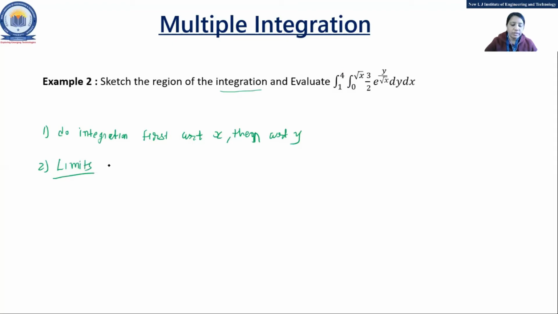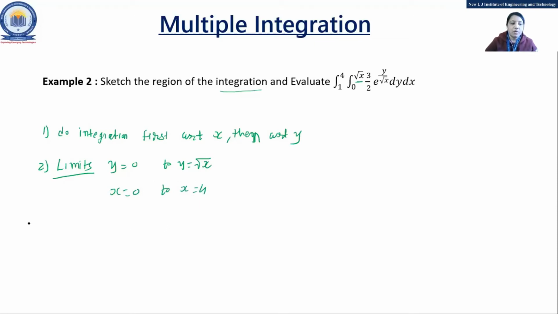The limit is y equal to 0 to y equal to root x. Because simple is: if the limit is given in terms of x, then that is always the limit of y. Because here the inner limit is given in terms of x, that means it's a limit of y. And the other is x equal to 1 to x equal to 4.